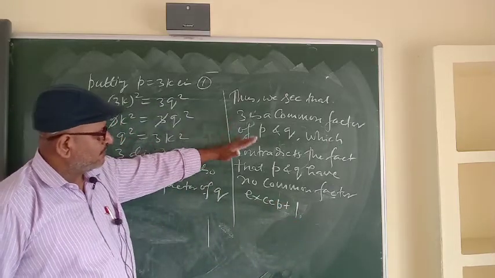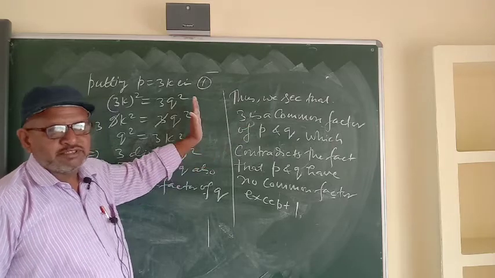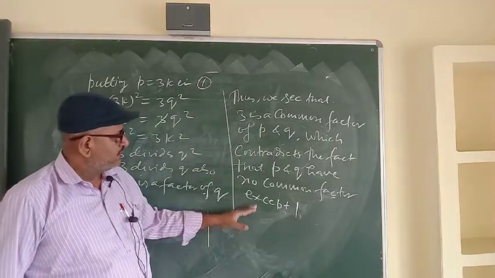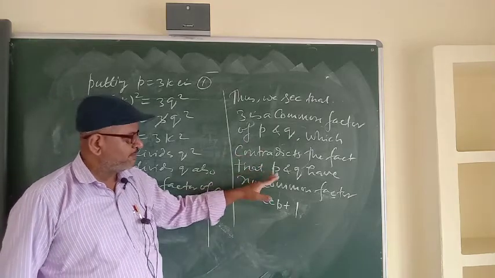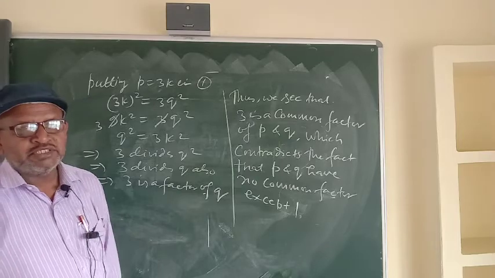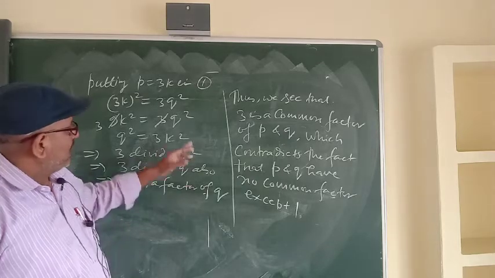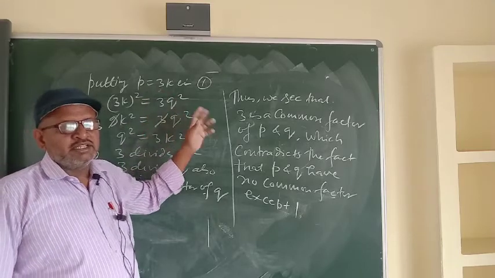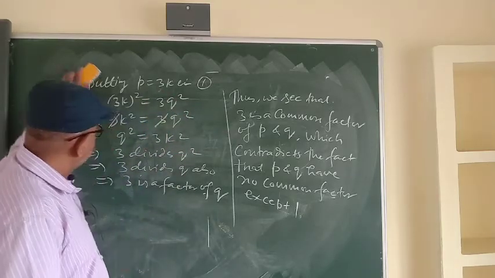Here 3 is a common factor of P and Q, but we have supposed that P and Q have no common factor except 1. It means what? Our supposition is wrong. Hence root 3 is not a rational, it is an irrational number.